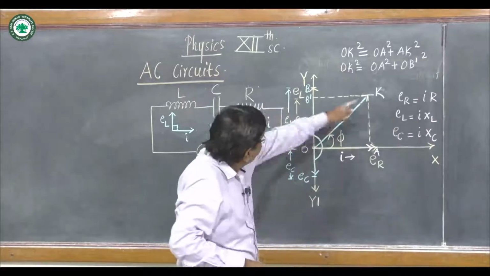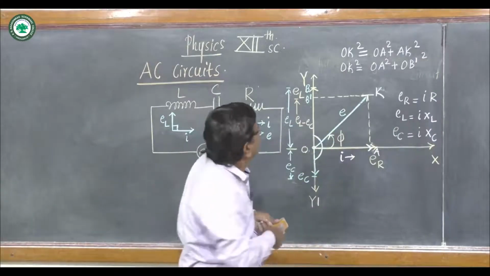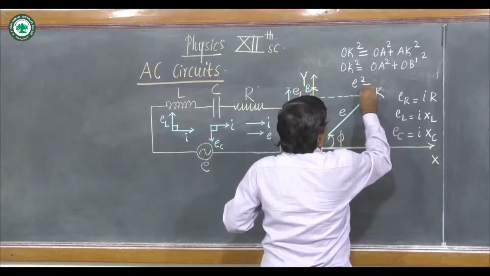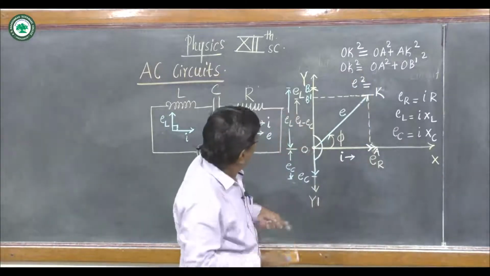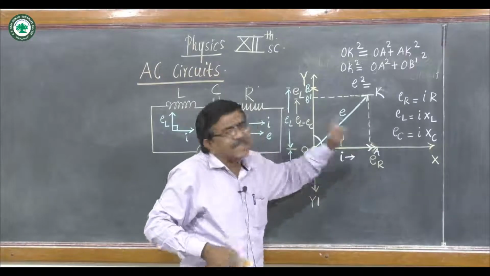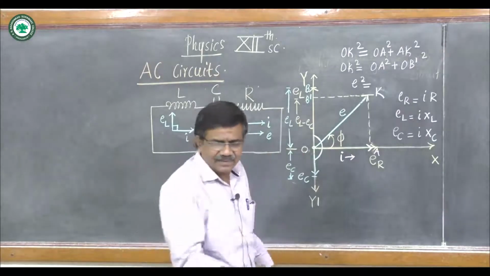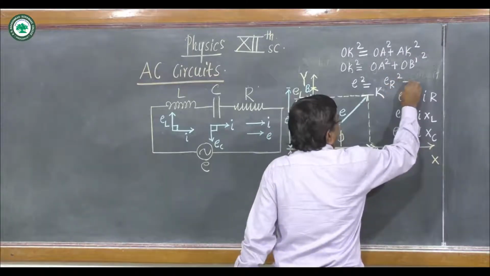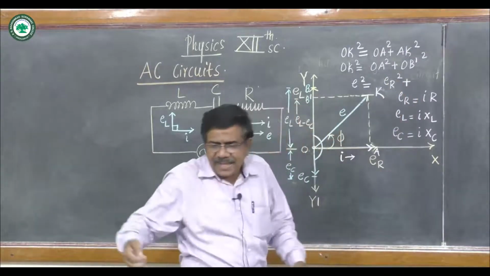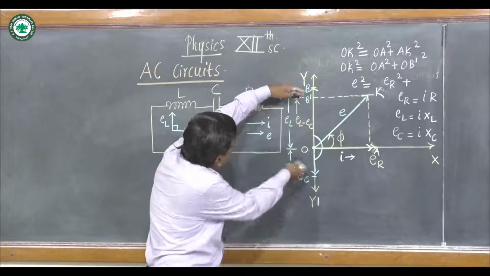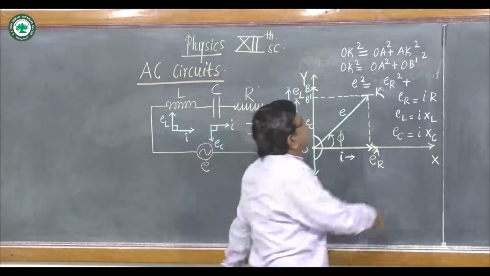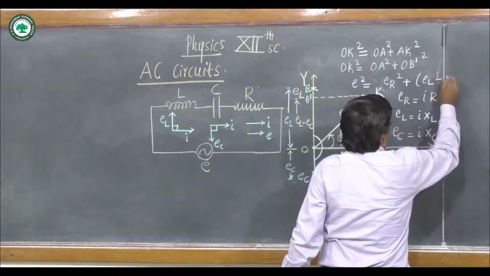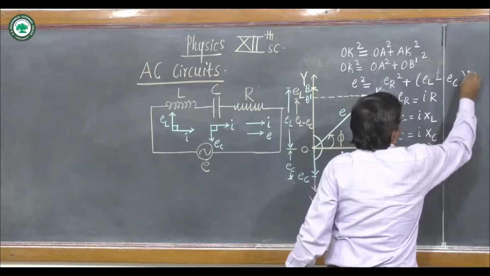But what is this OK? It is E, so E square is equal to OA square, which is nothing but ER square, plus OB dash square, and this OB dash is EL minus EC, its square.